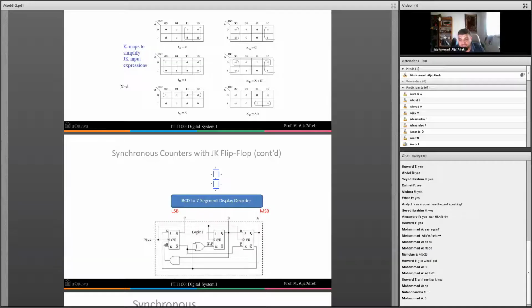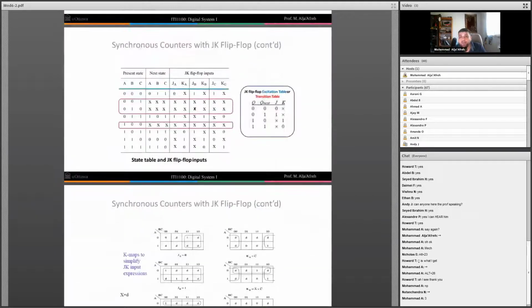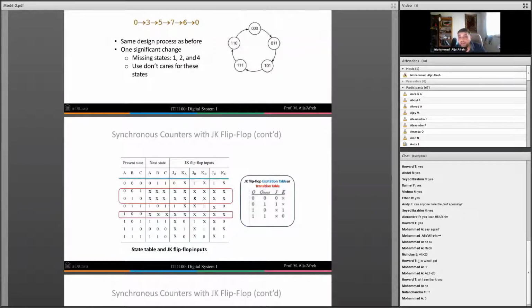If you have this circuit and you connect the Q of A, the Q of B, the Q of C to a 7-segment decoder, you're gonna have something similar to what you got in your assignment 4, and you will have a sequence going from 0, 3, 5, 7, 6, and back to 0.